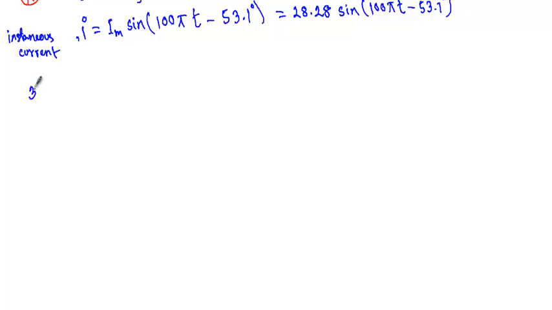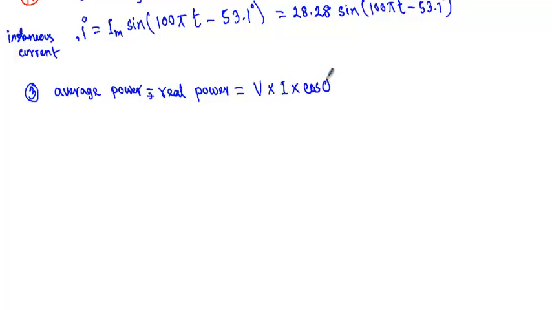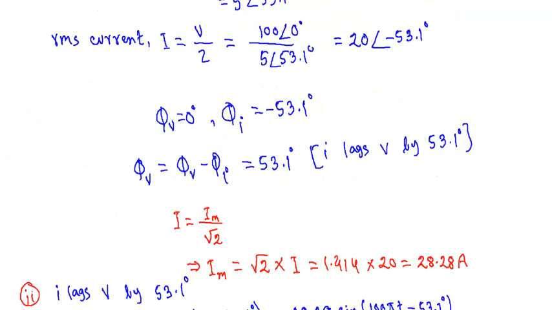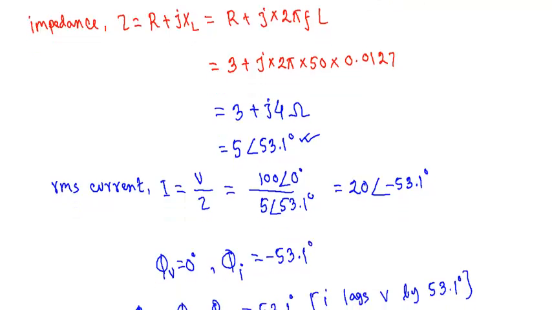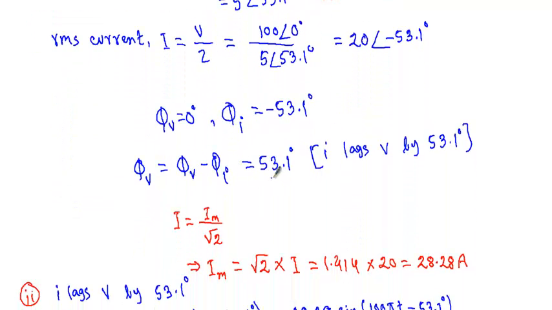In an RL series circuit, average power dissipated is equal to the real power of a series RL circuit, and we calculate that by multiplying RMS value of voltage into RMS value of current into cosine phi, and this will be exactly equal to the current squared into resistance R. Here the RMS value of voltage is 100, RMS value of current is equal to 20, and the phase difference between voltage and current is 53.1 degree.